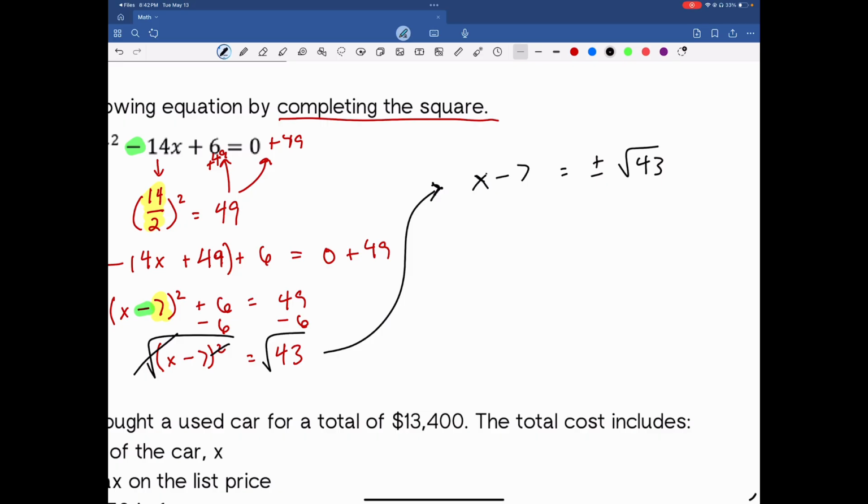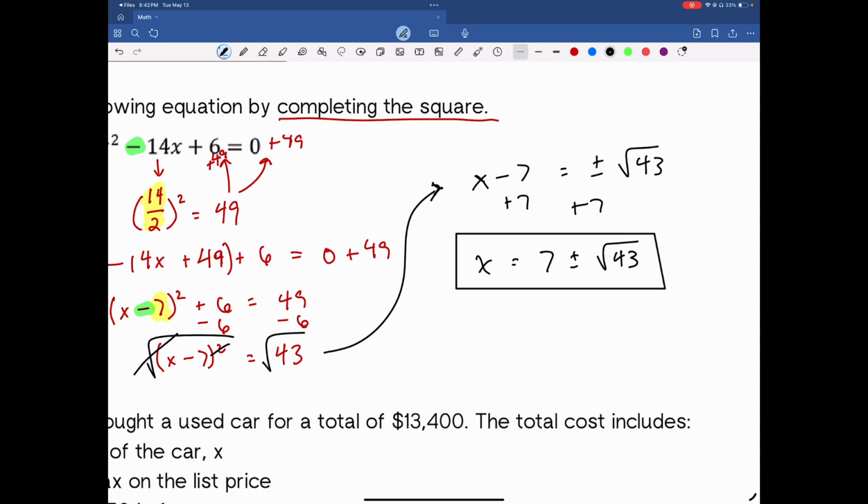Then all I need to do is solve for x. So I'm going to add 7 to both sides, and I get 7 plus or minus the square root of 43. I can leave my answer like that, or if I needed to, I can put it into a calculator. I would do 7 plus the square root of 43 first, and then 7 minus the square root of 43, and that would get you 2 answers. Okay?